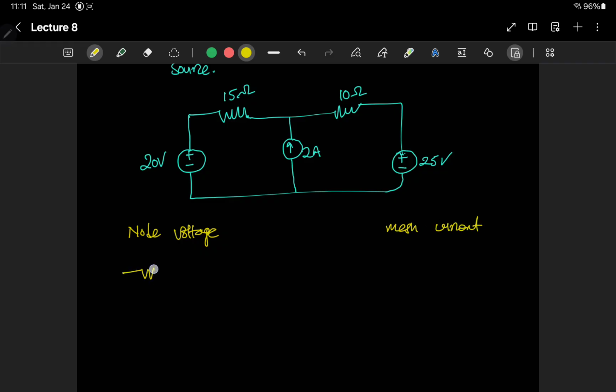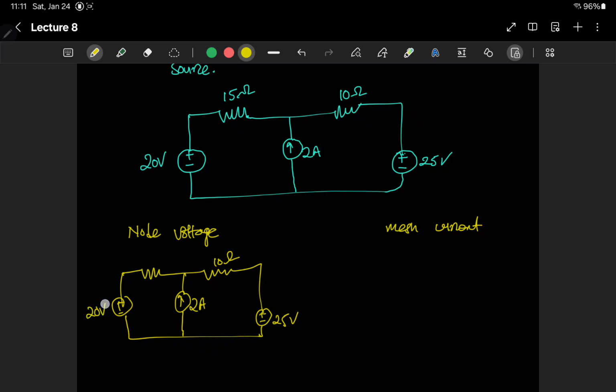Here we have the 2 ampere source, 10 ohm, 25 volts, 20 volts, and 15 ohm.